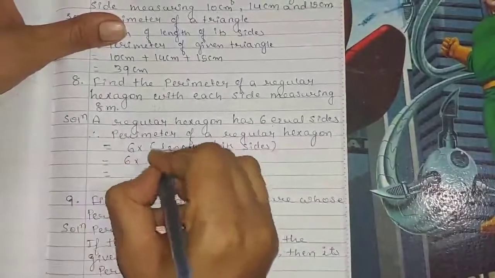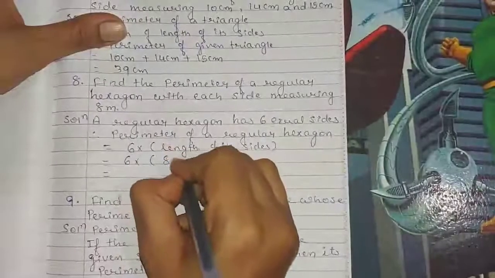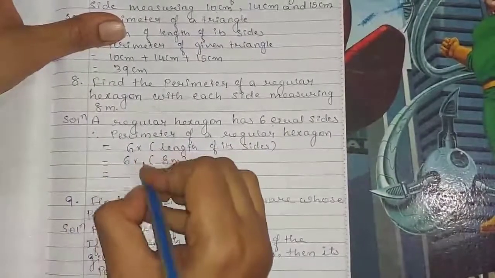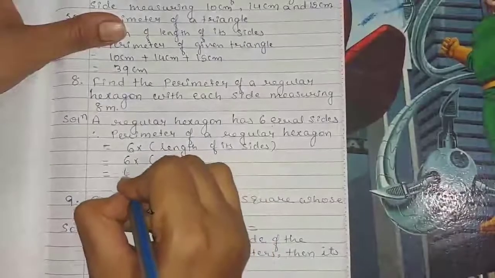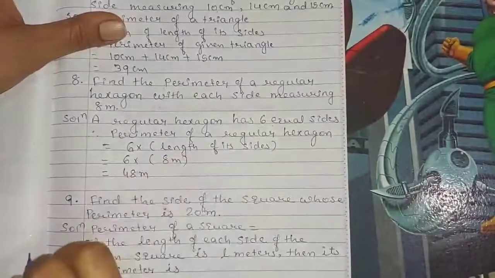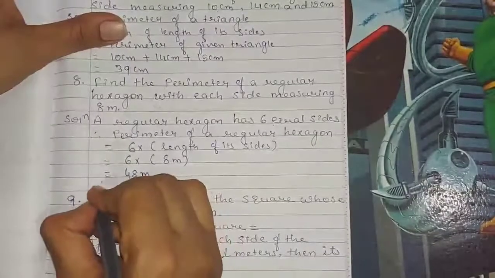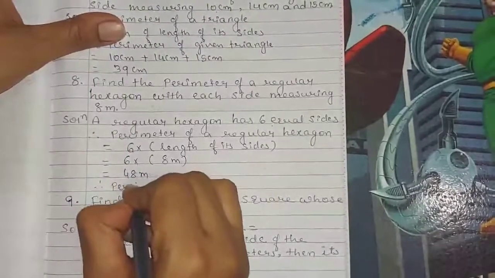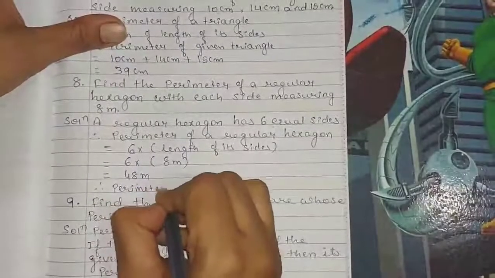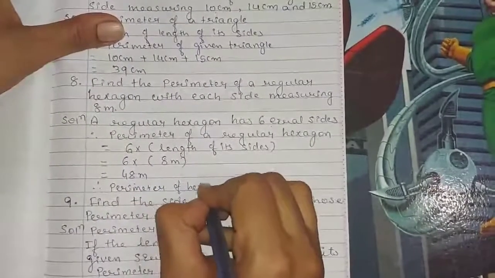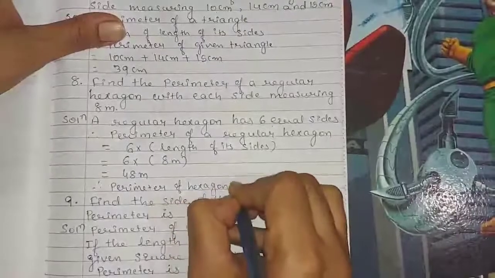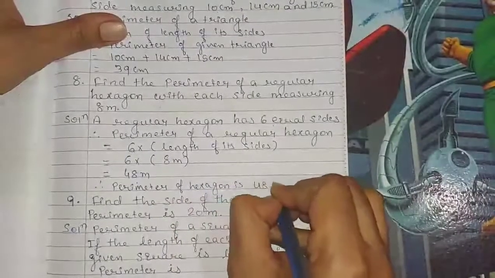And what is the length given? 8 meter. So 6 8s are 48 meter is the answer. So what is the perimeter of hexagon? 48 meter.